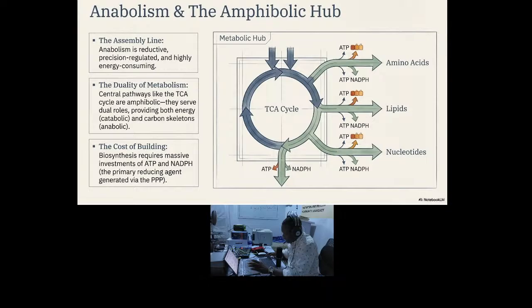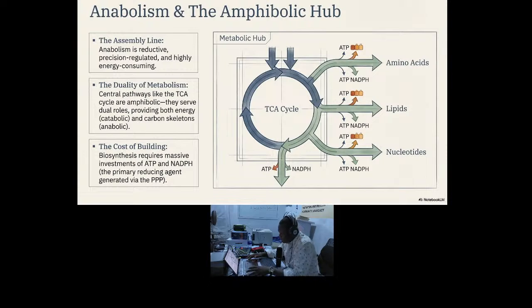Okay, now this is anabolic and amphibolic. Don't forget, anabolism is reductive, precision regulated, and highly energy consuming.